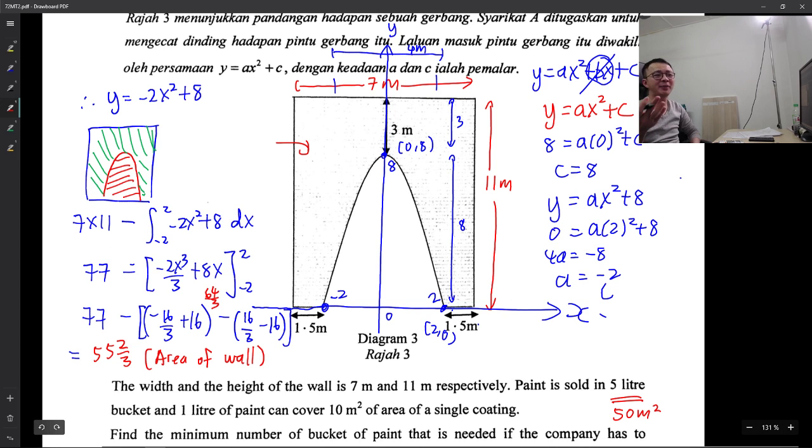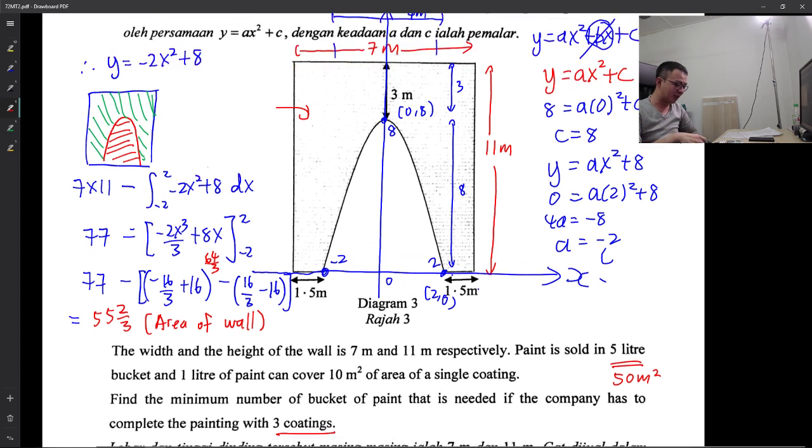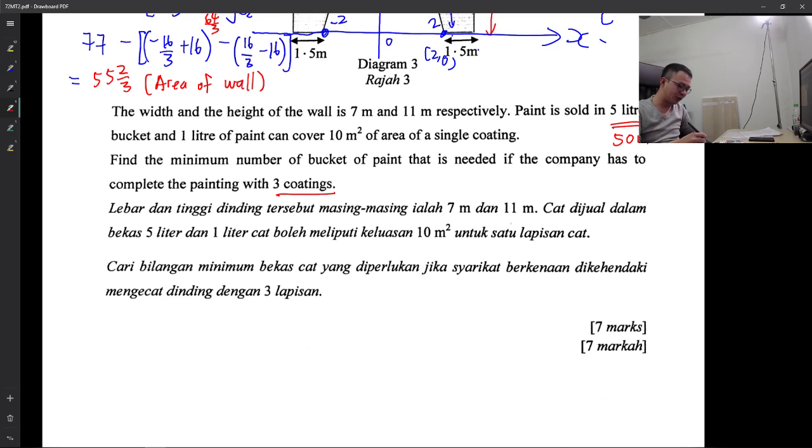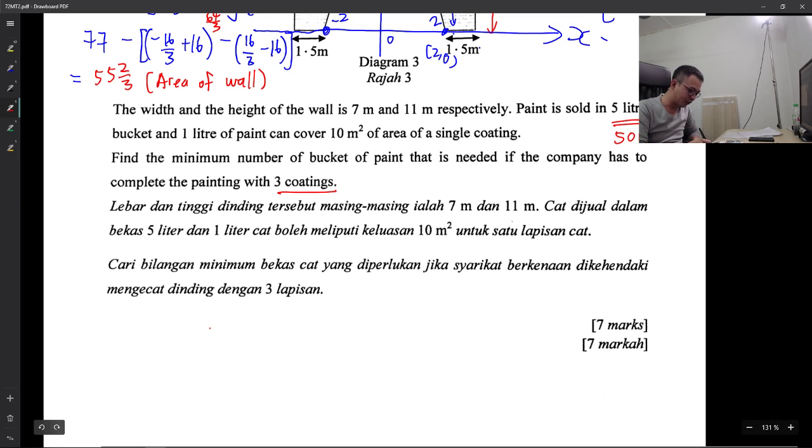But because the company need to paint 3 coating, what I need to do over here is multiply 3 here to find out total area, and then I will estimate how much paint I need to get. So I will do 55 2 over 3 times 3, because the question say you need to paint about 3 coating, right?